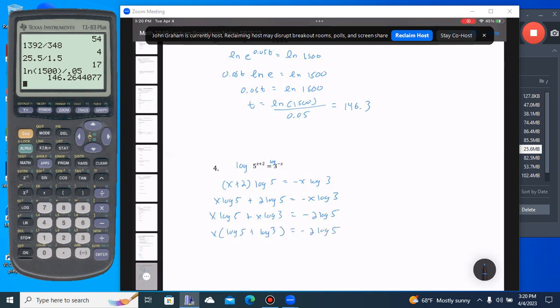And then divide. x is negative 2 log 5 divided by log 5 plus log 3. We can put that in the calculator, negative 2 log 5 divided by, making sure to use parentheses, log 5 plus log 3. We get negative 1.19.